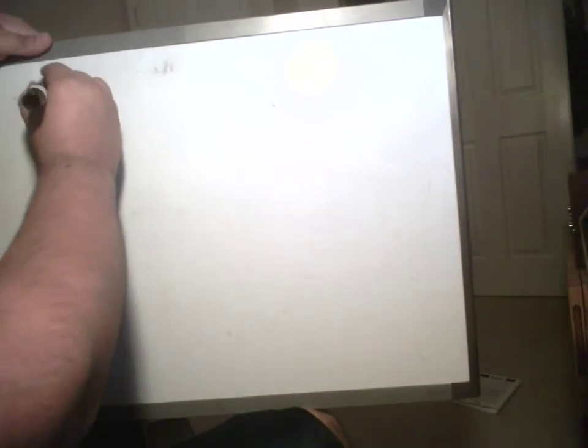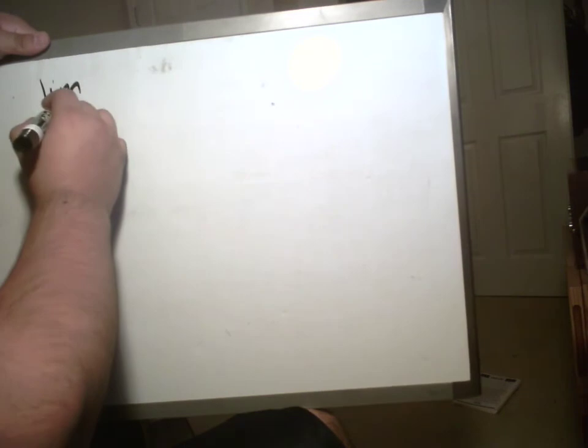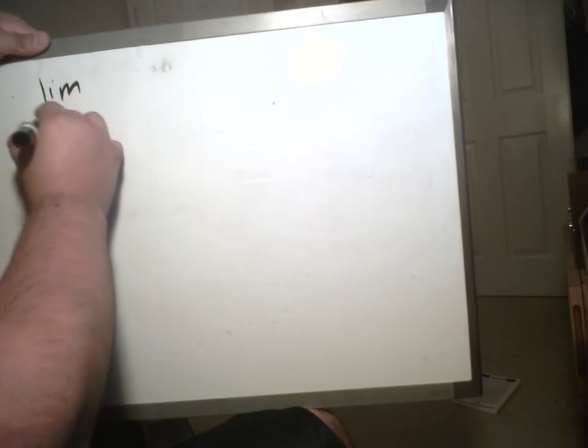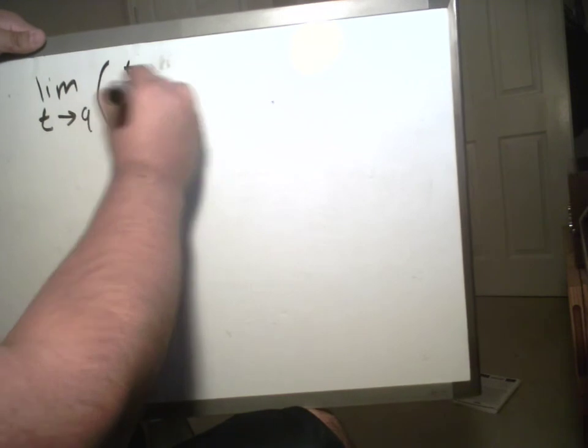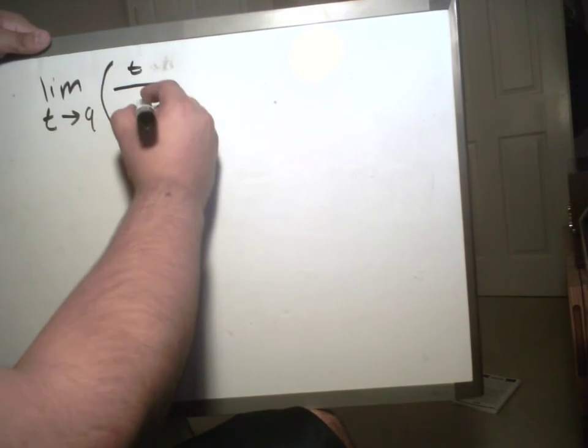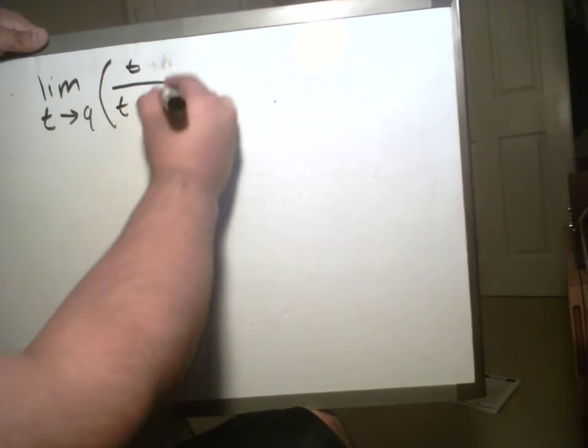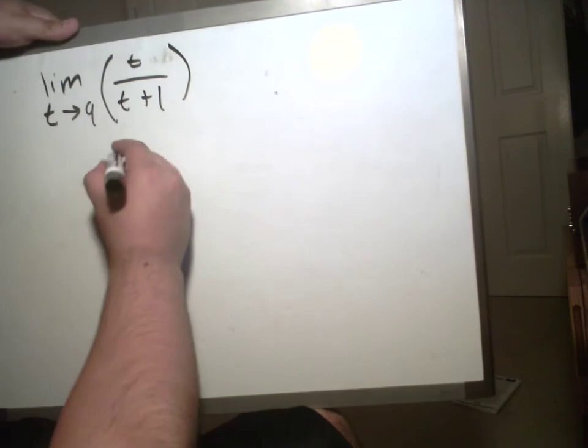Do a couple more here. So now we're going to go ahead and try to do some division. So the limit as t goes to 9 of t all over t plus 1. So we just plug our limits in now.